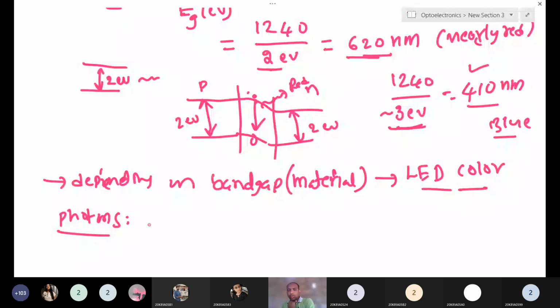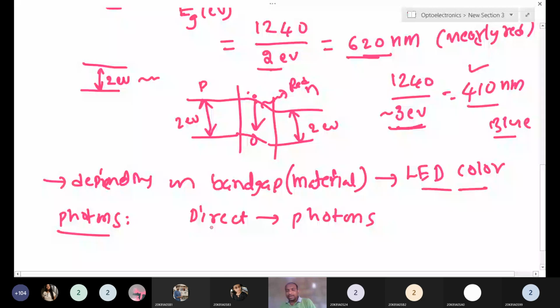The difference is that direct band gap material emits photons because the excess energy is emitted in the form of a photon. But in indirect band gap material, the electron interacts with the lattice, and mechanical waves or heat are generated. This is what we call a phonon.